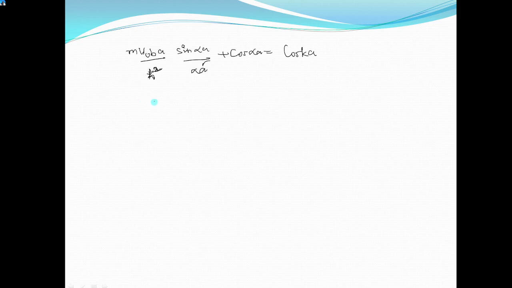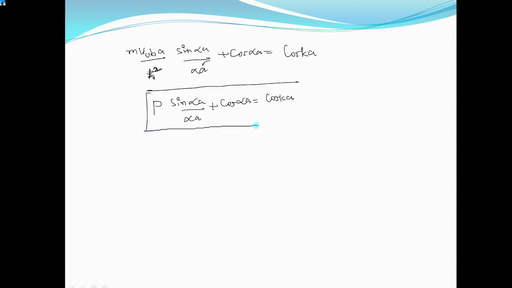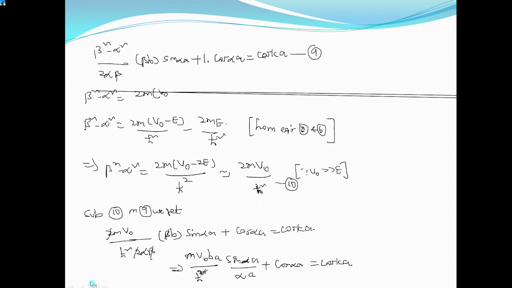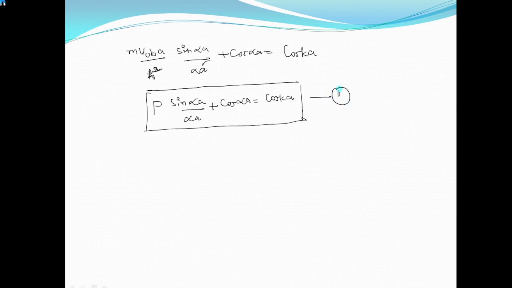So this I'll write as P sin alpha a by alpha a plus cos alpha a, which is equal to cos Ka. So this is the modified equation of Kronig Penney. From this equation we can get the conclusions. So this is equation number 11.